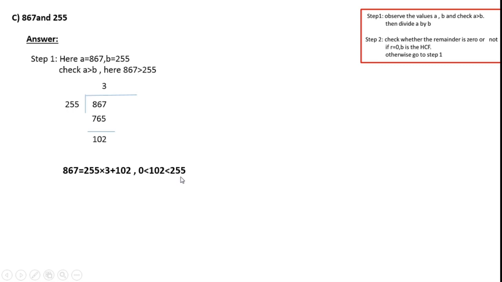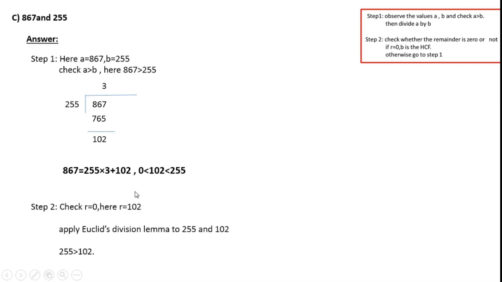What is step 2? Check whether the remainder equals 0. Here the remainder is 102, so we have to go to step 1. That means apply the Euclid division lemma to 255 and 102. Here 255 is greater than 102.